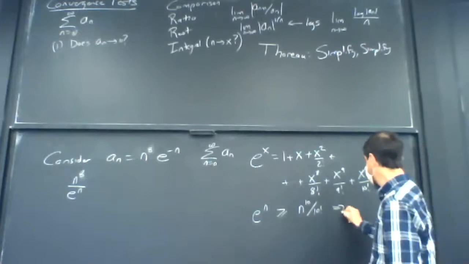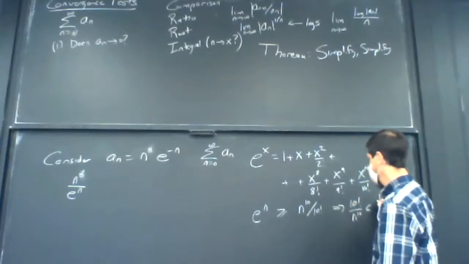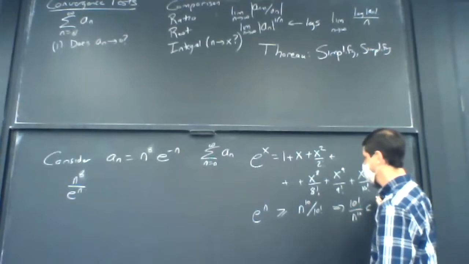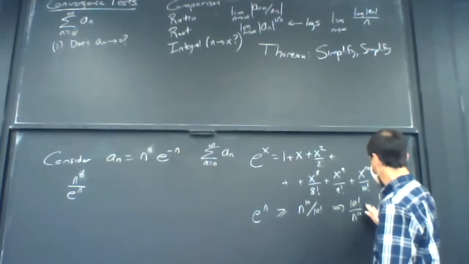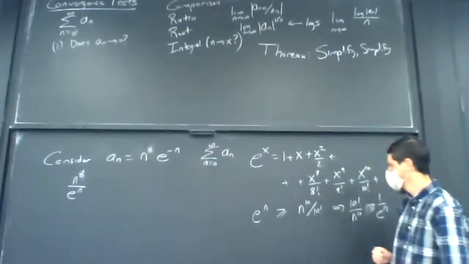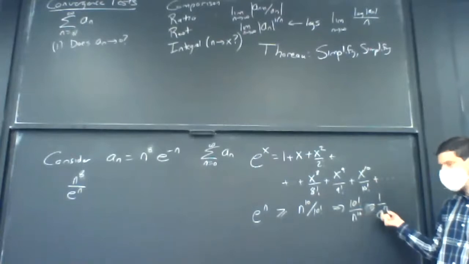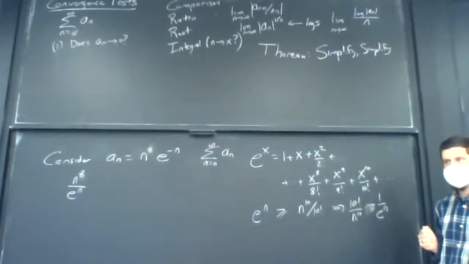Well, then that means 10 factorial over n to the 10 is going to be greater than or equal to 1 over e to the n. Right? I've made the denominator smaller, so the fraction has to be larger.